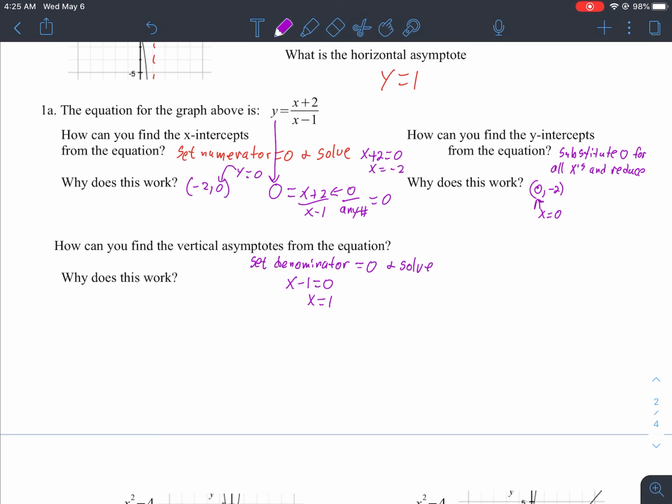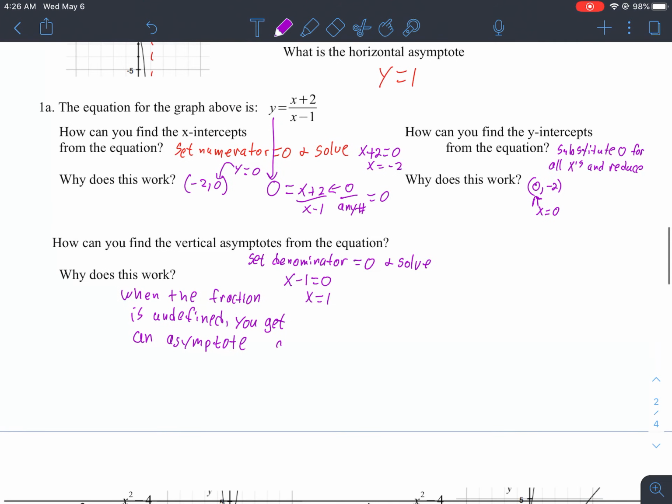The reason this works is when the fraction's undefined, you get an asymptote. And you cannot divide by 0. If you take any number divided by 0, that's undefined.